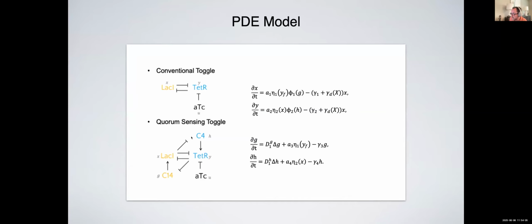This is, again, the model of the circuit with signaling diffusion in the case there's a quorum sensing. In the case there's no quorum sensing, there's only essentially expression within the cells. This is a very, very simple model, pretty much not much more difficult than the model that was proposed by Jim Collins's group, except for the presence of the signaling molecules over here.